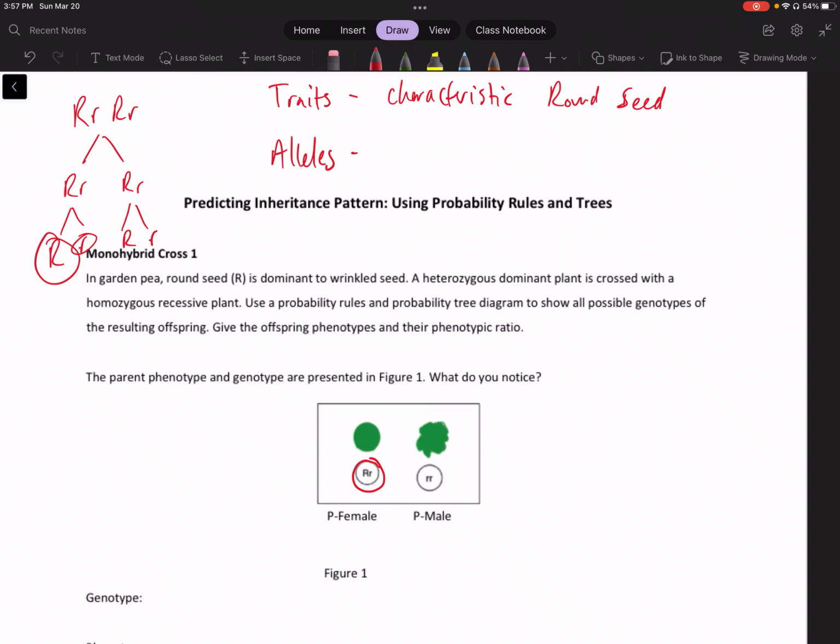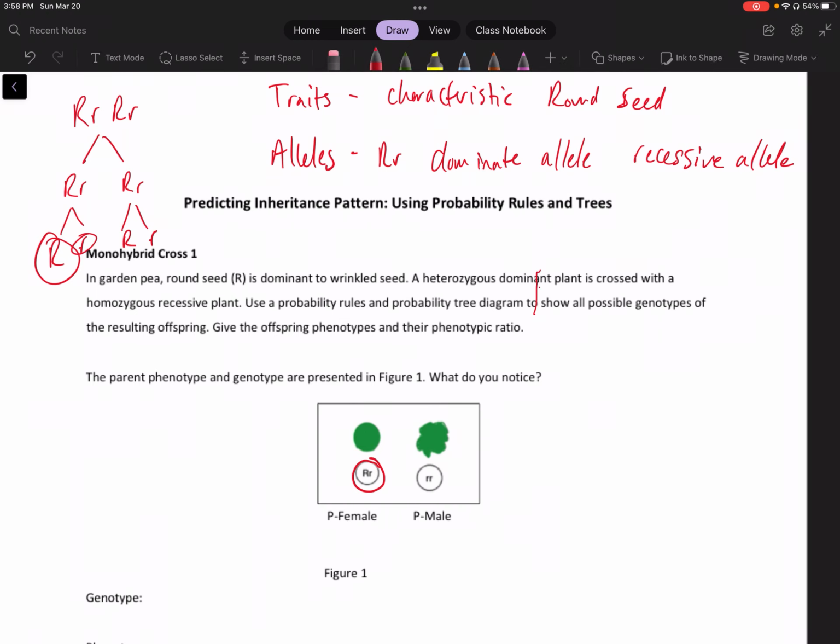Every trait has 2 alleles. In this case, a capital R is a dominant allele, and lowercase r would be a recessive allele. And these are what's going to be given to the offspring to make up the traits of that offspring, okay?